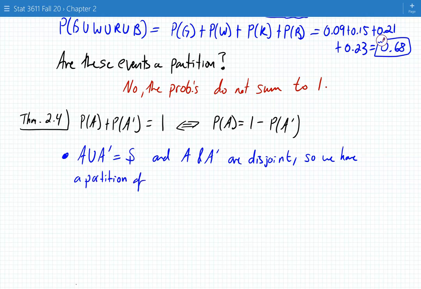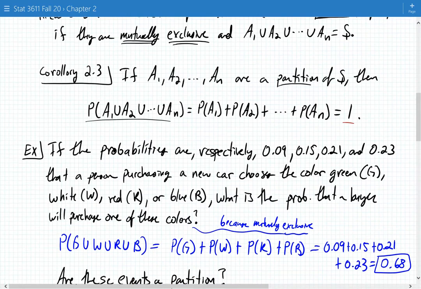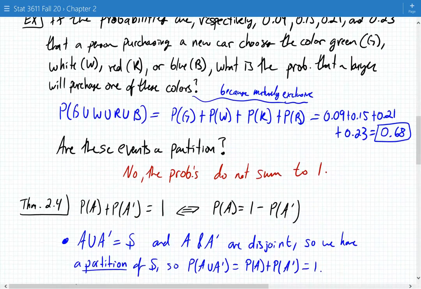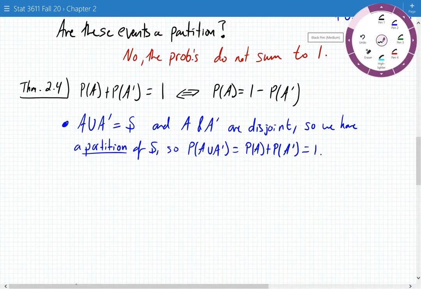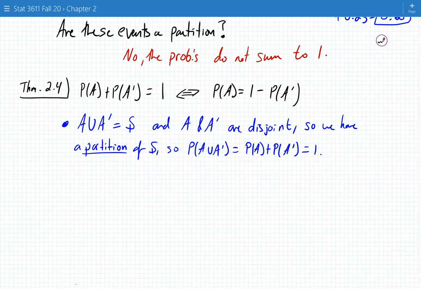We have a partition of S, and so the probability of A union A prime, because they're disjoint, is the probability of A plus probability of A prime, and because it's a partition, we know that this has to sum to 1 based on corollary 2.3. If it's a partition, the probabilities sum to 1. This is the simplest partition. I just wanted to mention that there before we moved on to our union of 3 events.